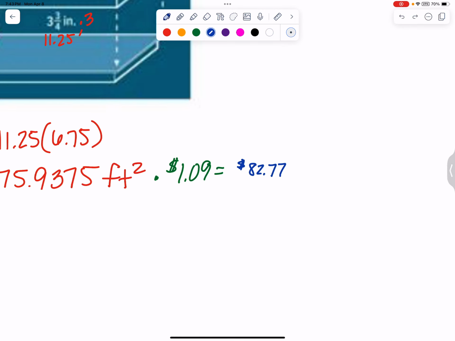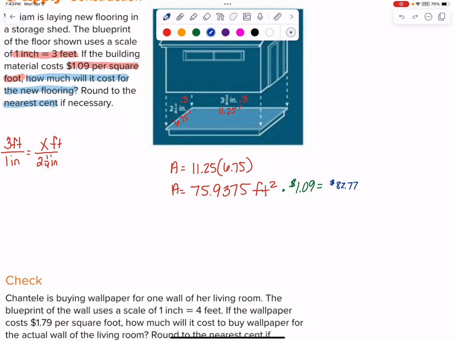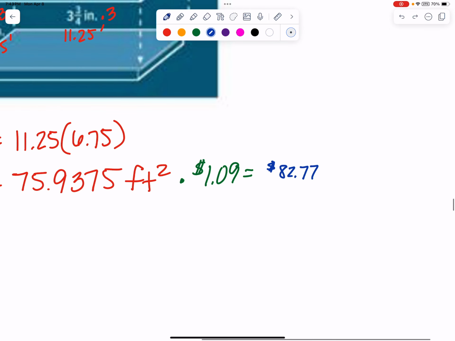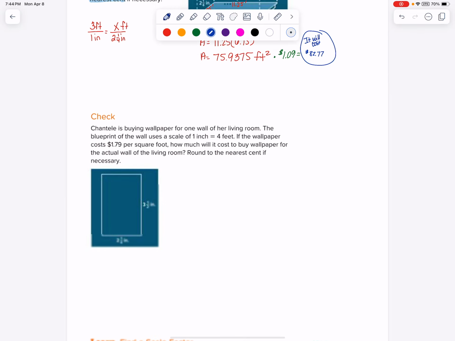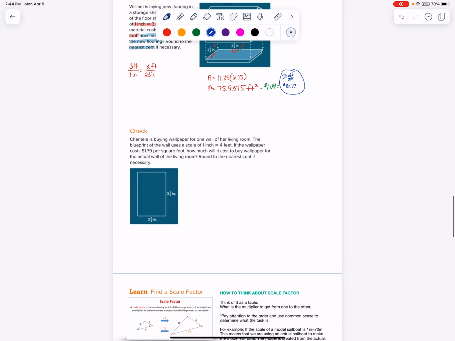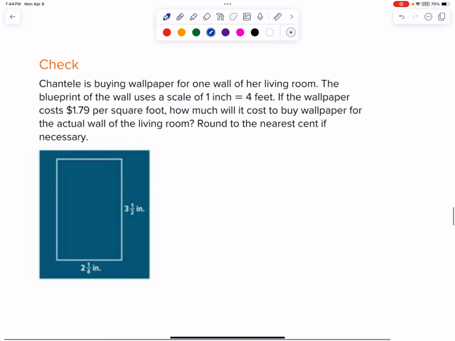We're rounding it to the nearest cent. All right, so how much will it cost for new flooring? It will cost, and there we go. All right, I want you to go ahead and give this one a shot.